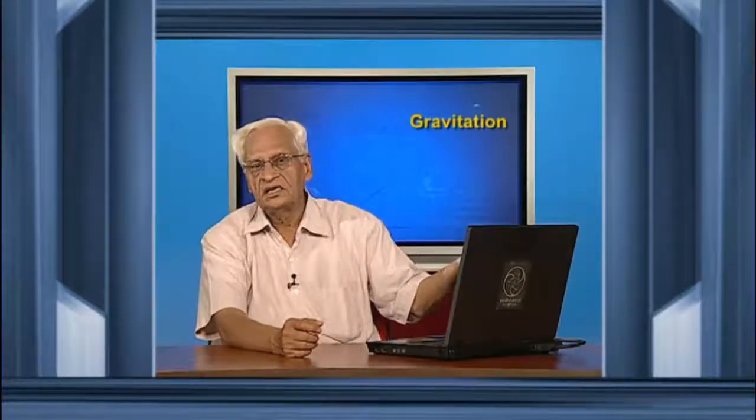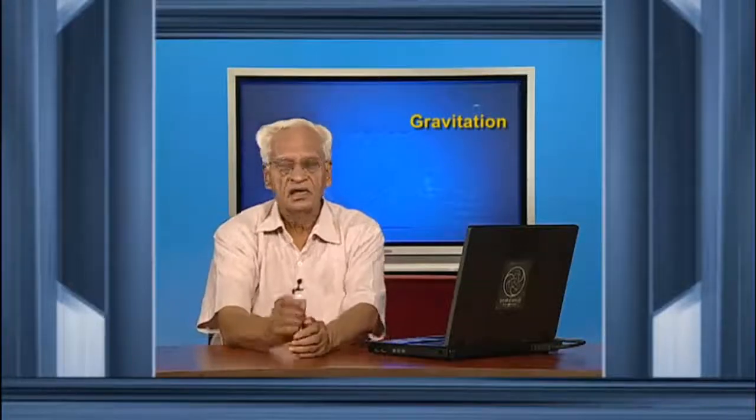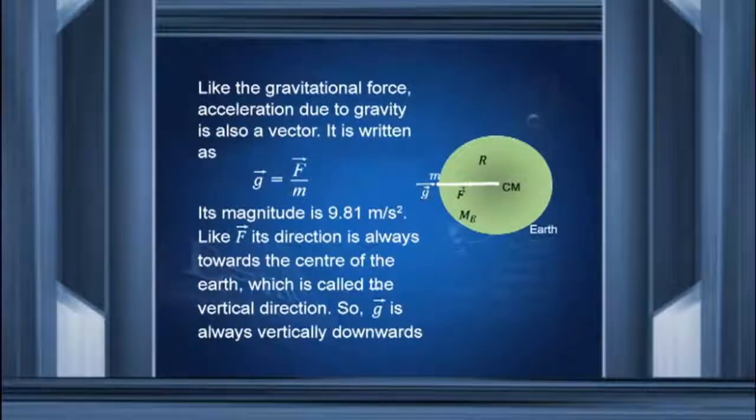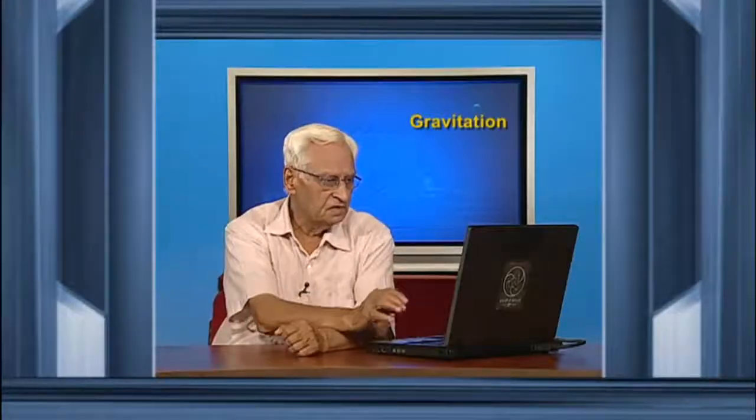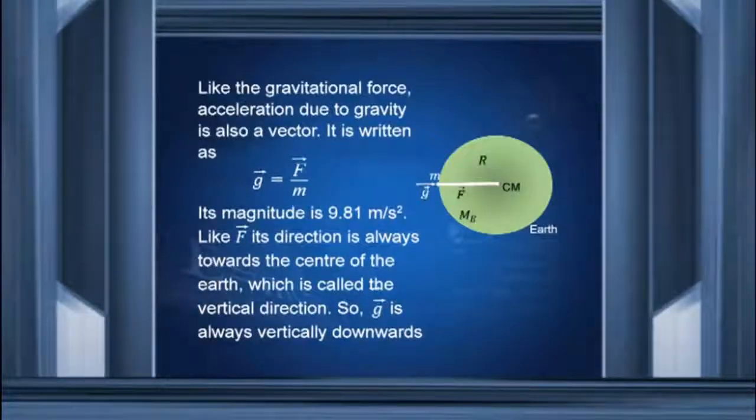Like the gravitational force, the acceleration due to gravity must also be a vector quantity, and therefore, the vector g is equal to the vector F by the mass of the particle. The magnitude, however, is 9.81 meters per second square, as we have learned. And once again, to emphasize, the acceleration is always in the direction vertically downwards.